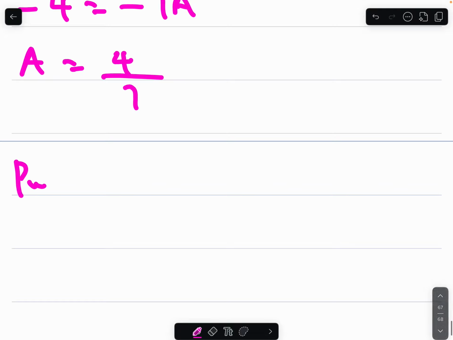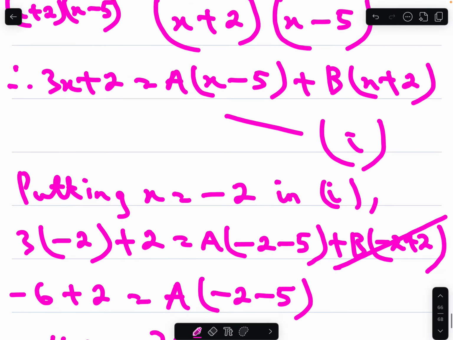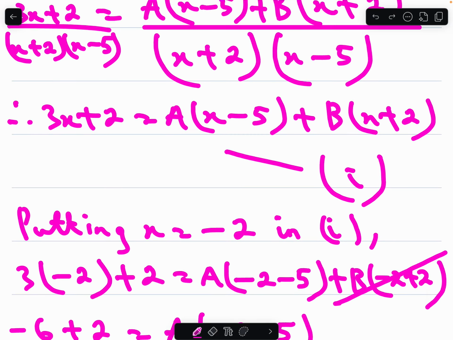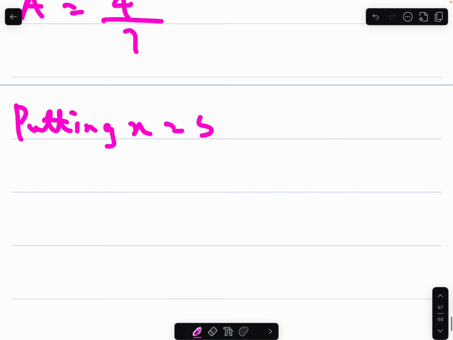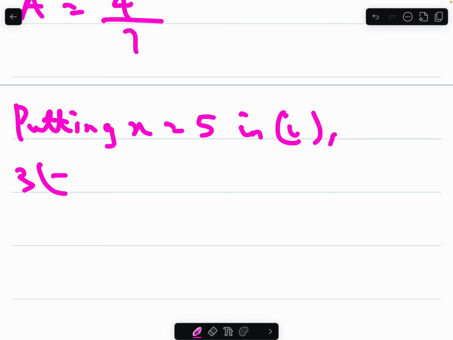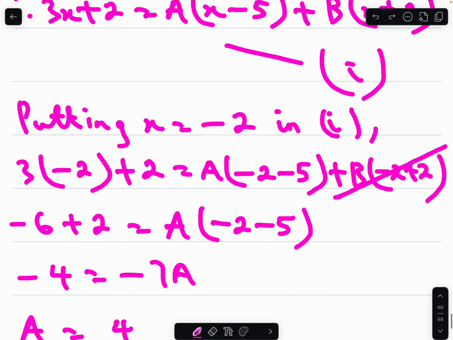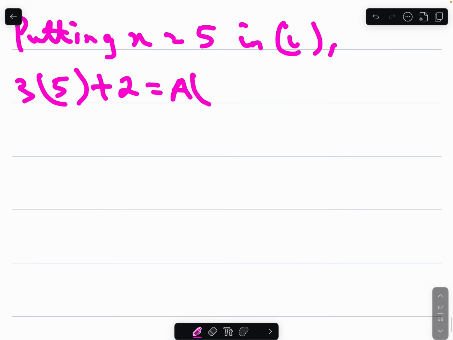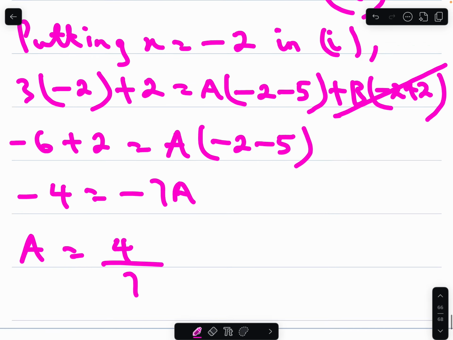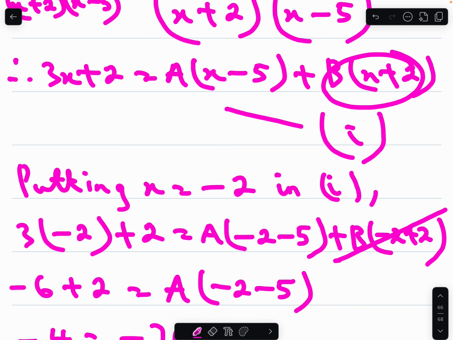Now putting x equals 5 in equation 1. 3 into bracket 5 plus 2 is equal to A into bracket 5 minus 5 plus B into bracket 5 plus 2.